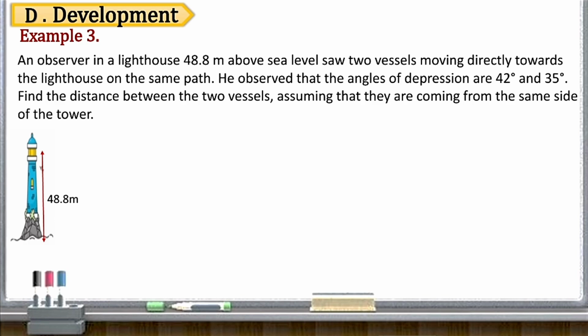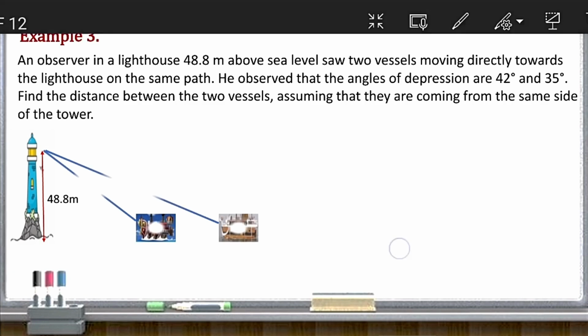Then, tuloy natin. So, two vessels moving directly towards the lighthouse. So, meron daw class dalawang sasakyang pandagat na papunta sa direksyon ng lighthouse. So, kailangan uli natin class mag-drawing ng dalawang sasakyang pandagat. So, pwedeng dalawang barko. So, katulad po nito class.